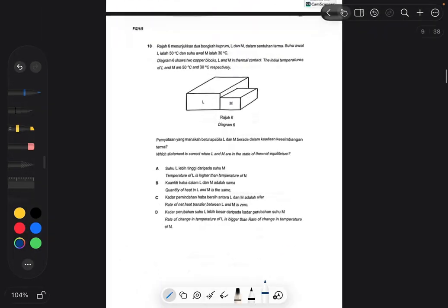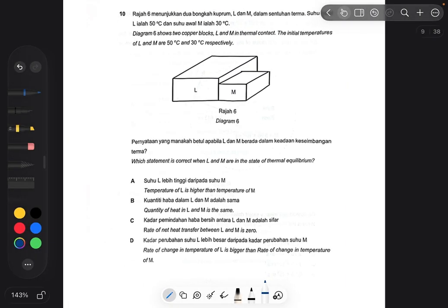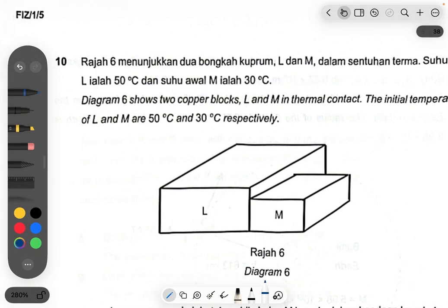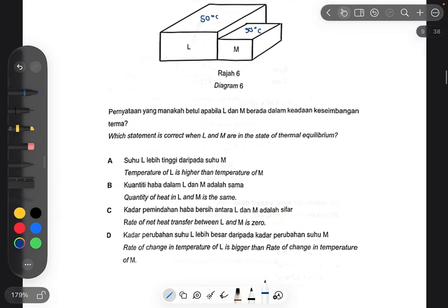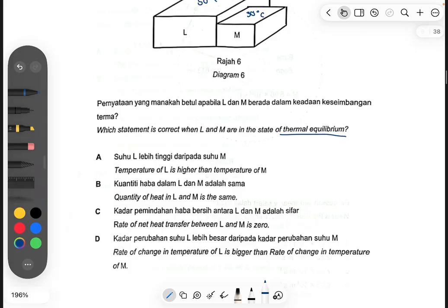Yup. Next. Diagram 6 shows two copper blocks L and M in thermal contact. The initial temperatures of L and M are 50 degrees Celsius and 30 degrees Celsius specifically. Which statement is correct when L and M are in state of thermal equilibrium?